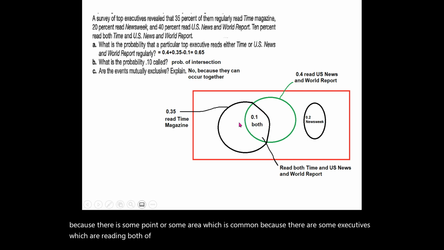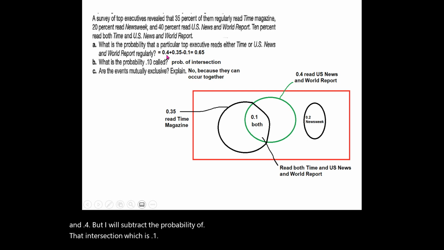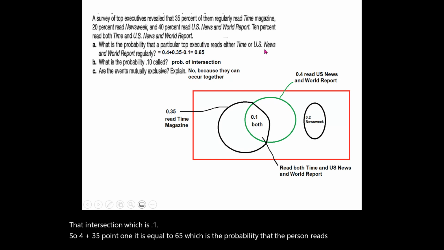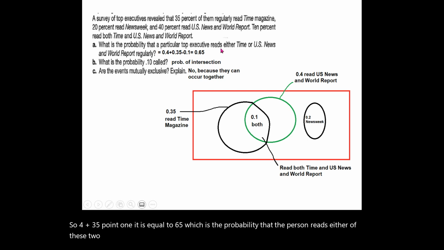So I am going to add the probabilities of the individual events, that is 0.35 and 0.4, but I will subtract the probability of their intersection, which is 0.1. So 0.4 plus 0.35 minus 0.1 is equal to 0.65, which is the probability that the person reads either of these two or both of these magazines.